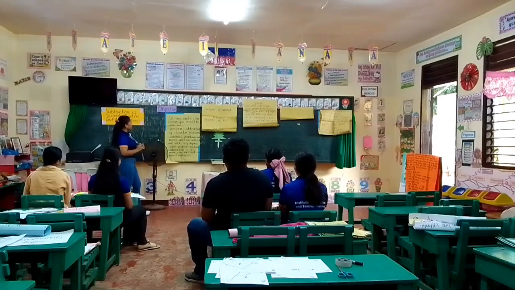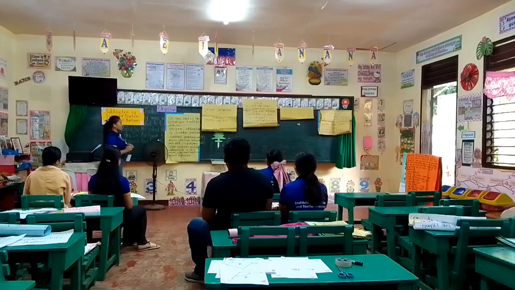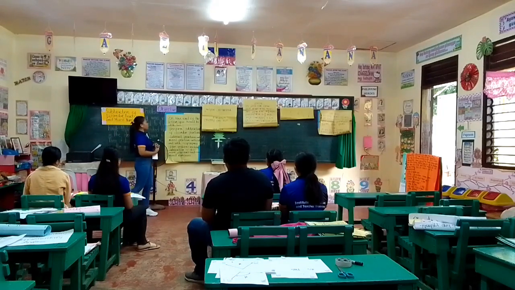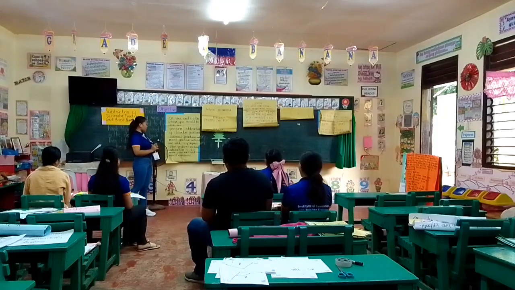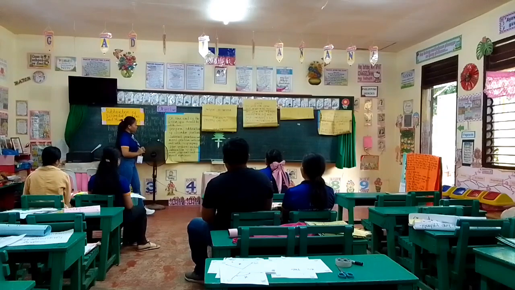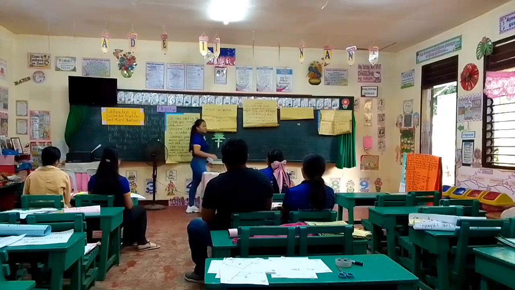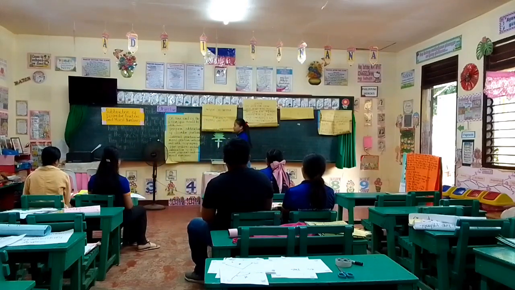Right. So our objectives for now: at the end of the lesson, you should be able to perform subtraction of dissimilar fractions, subtract fractions and mixed fractions without and with regrouping, and solve problems involving subtraction of dissimilar fractions and mixed numbers. Right, class. When we say dissimilar fractions, these are two fractions that have different denominators.